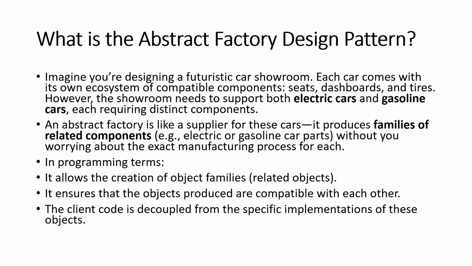They are the real object producers. So we have the furniture factory interface, and then we have separate Victorian furniture factory and modern furniture factory classes which are implementing this furniture factory. Okay, so this is what I wanted to tell you. This is how the abstract factory design pattern works.